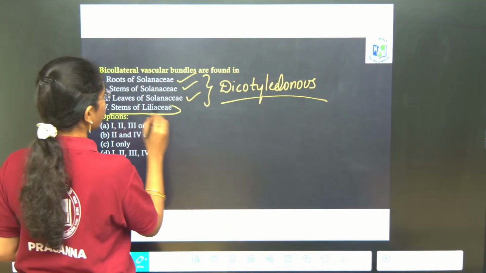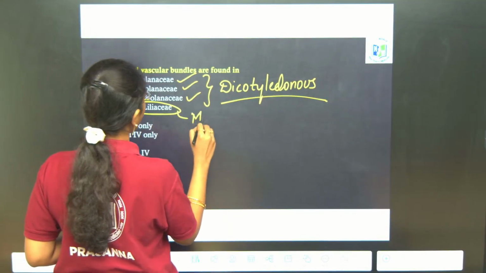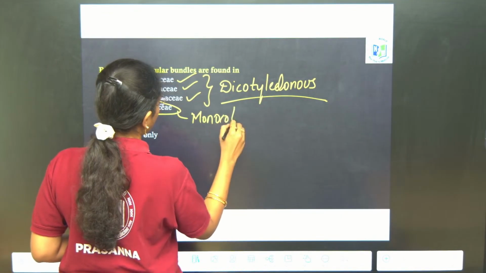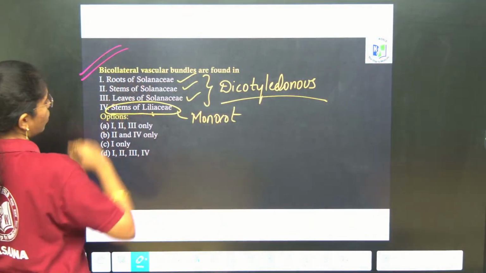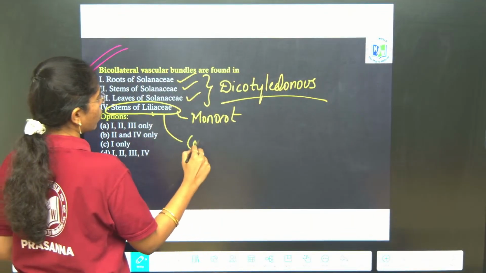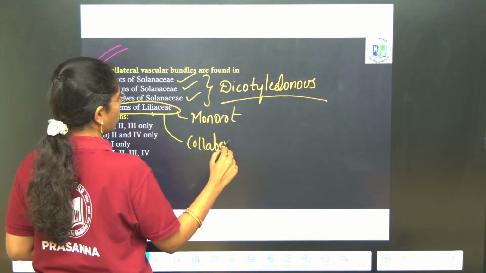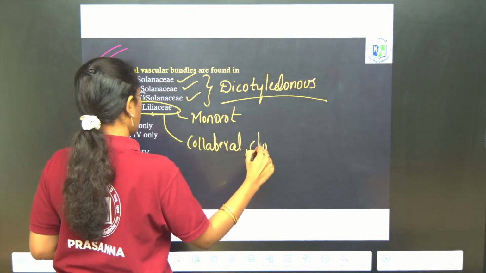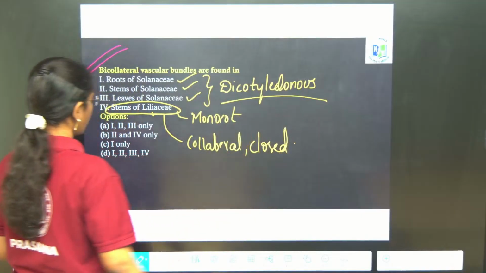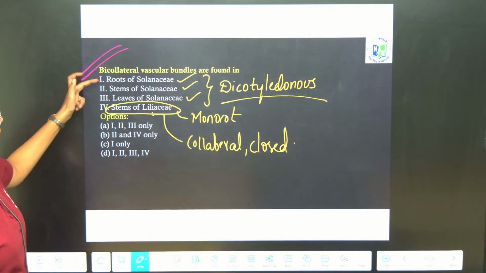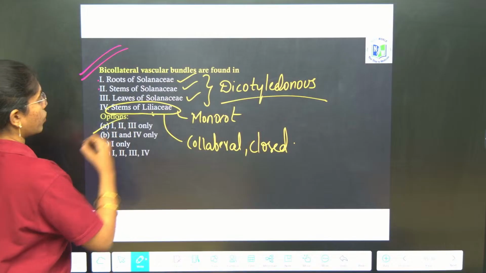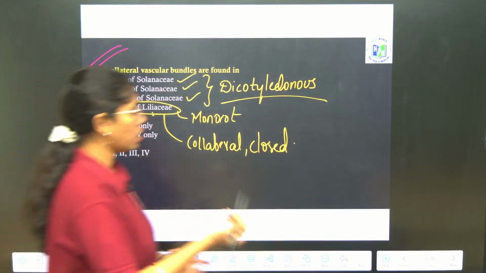Whereas stems of Liliaceae, which is a monocot, do not have bicollateral vascular bundles, they have collateral and closed vascular bundles. So, here the right answer will be 1, 2 and 3. Option A is the right answer.